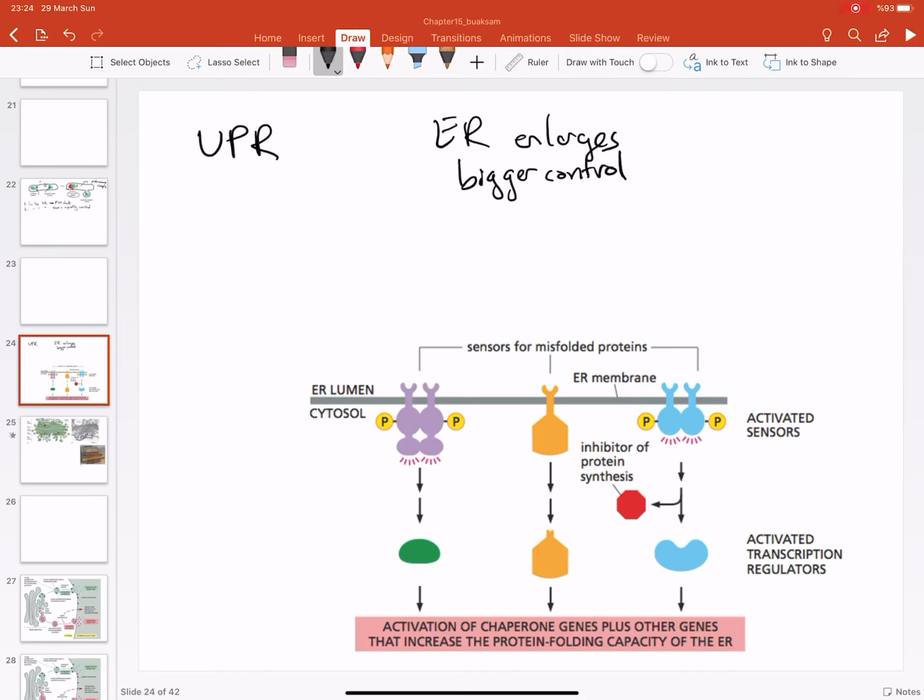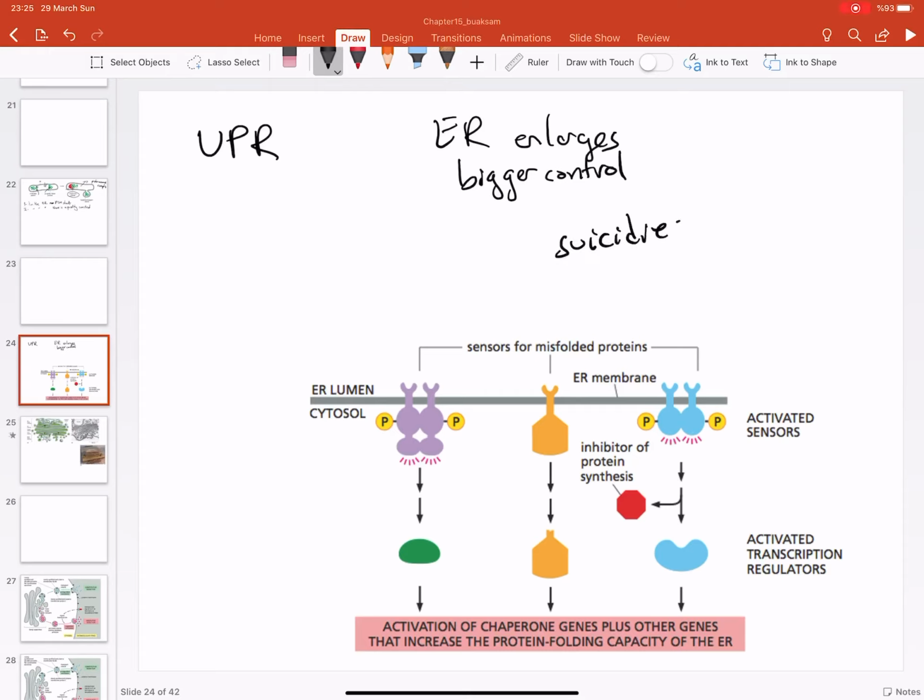So this is the first case. The ER gets large as a response to the misfolded proteins, and if it cannot control the situation, even with a very large ER organelle, the misfolded proteins cannot be corrected. Unfortunately, the cell suicides.